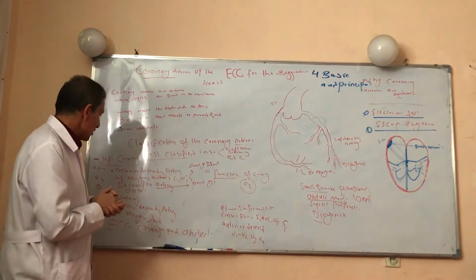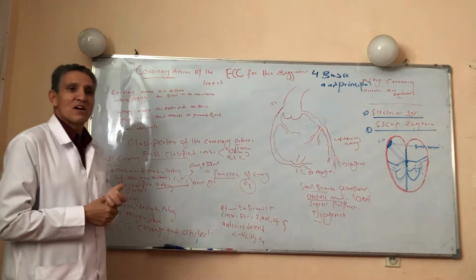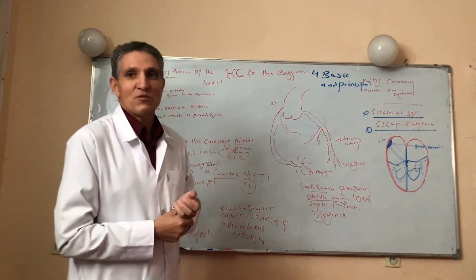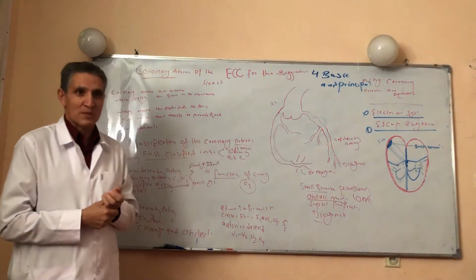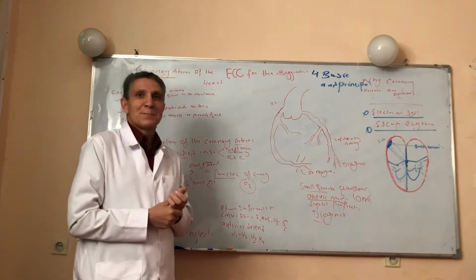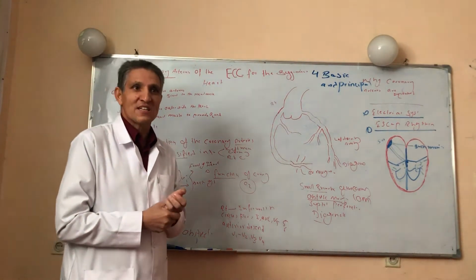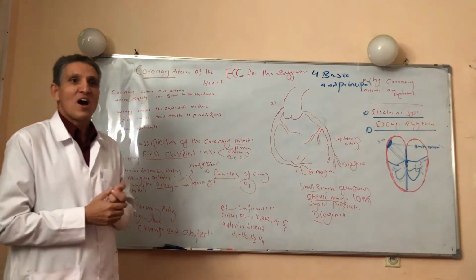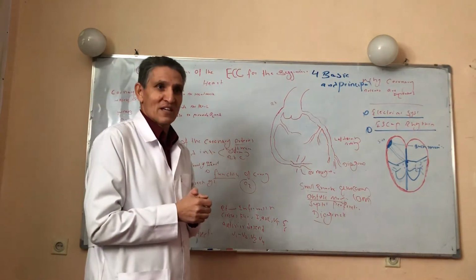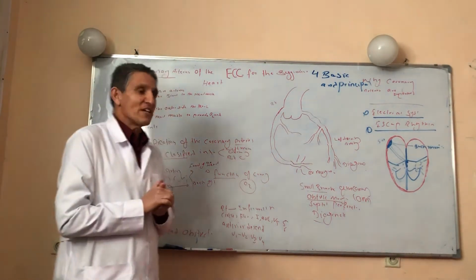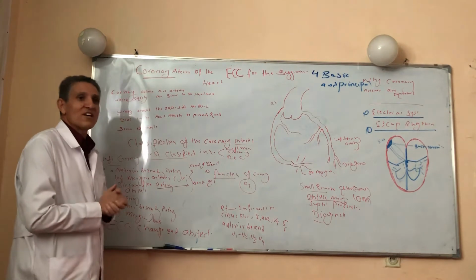Another classification: the left coronary artery is divided into three branches. Number one, left anterior descending, left circumflex, obtuse marginal, and diagonals. These are the left coronary arteries.